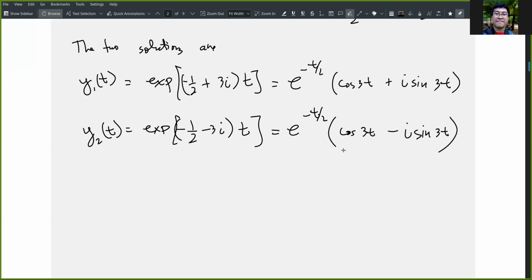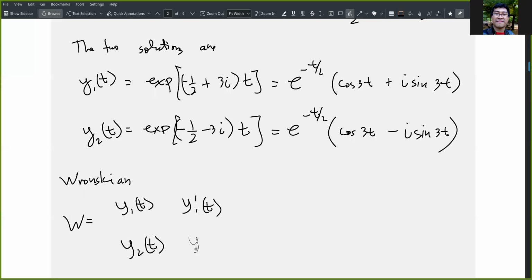So the Wronskian W is the determinant of the matrix with rows y1, y1 prime, and y2, y2 prime.